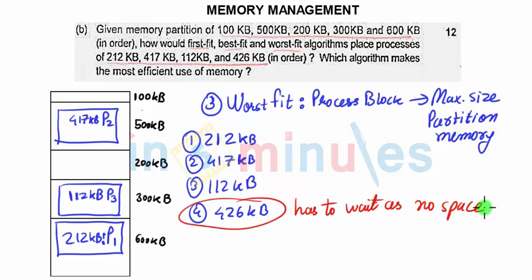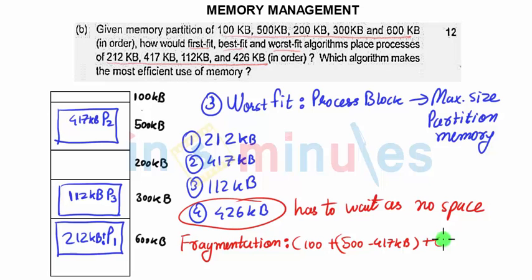Let's also calculate the fragmentation in the current situation. The fragmentation which we have is 100 plus 500 minus 417 plus 200 flat plus 300 minus 112 KB plus 600 minus 212 KB.